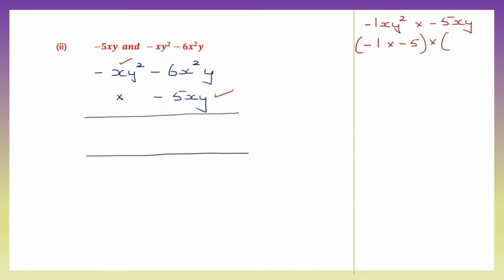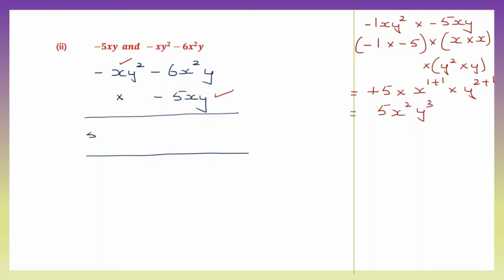Let's take the x. We have x into x. We'll take the y. We have y square into y. Now minus into minus is plus. 1 into 5 is 5 into x to the power of 1 plus 1 into y to the power of 2 plus 1. So that becomes 5 x to the power of 2, y to the power of 3. So let me write it down. It becomes 5x square y cube.